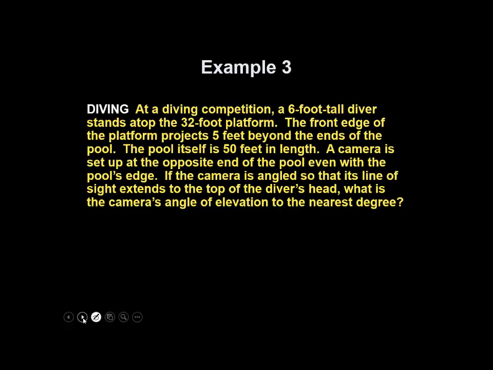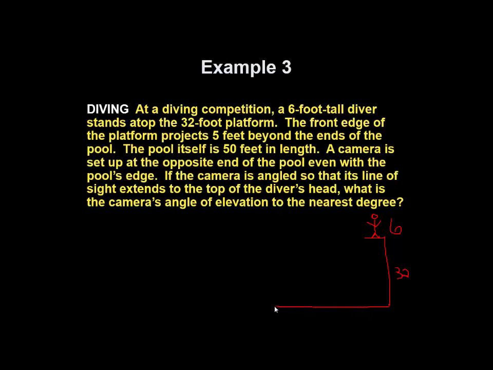Example 3. At a diving competition, a 6-foot tall diver stands atop a 32-foot platform. So this is the platform. It's 32 feet tall. But I have a diver up here, and the diver is 6 feet tall. The front edge of the platform projects 5 feet beyond the ends of the pool.